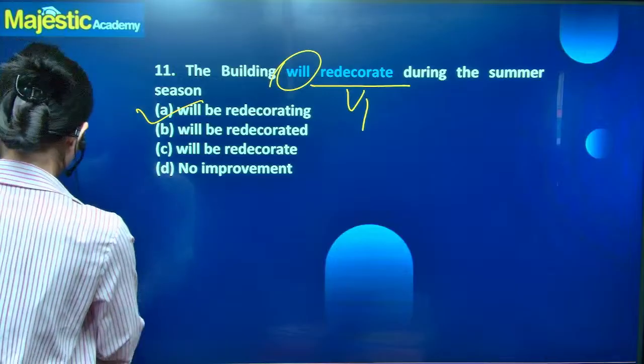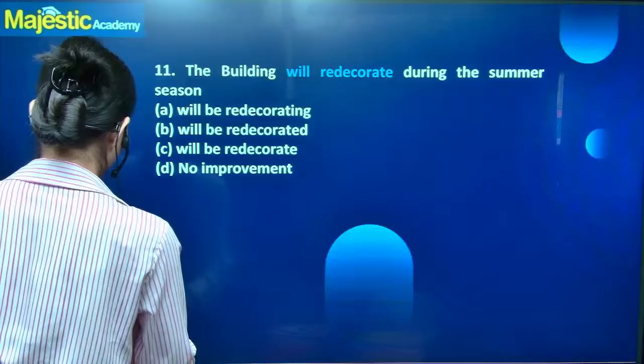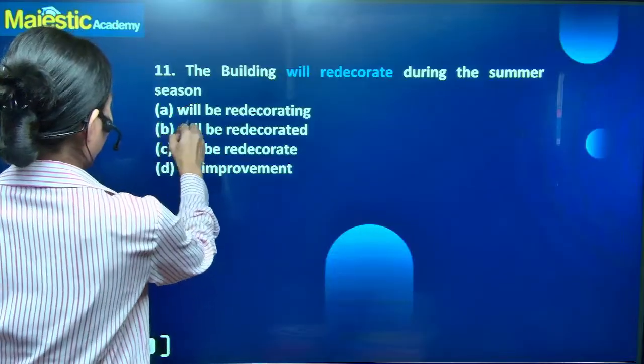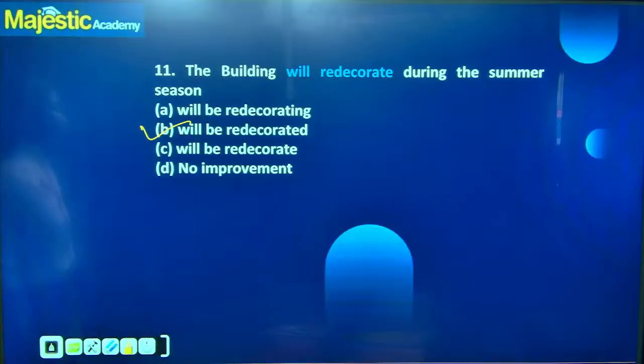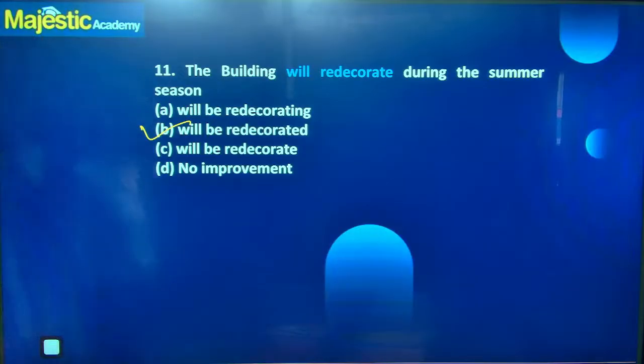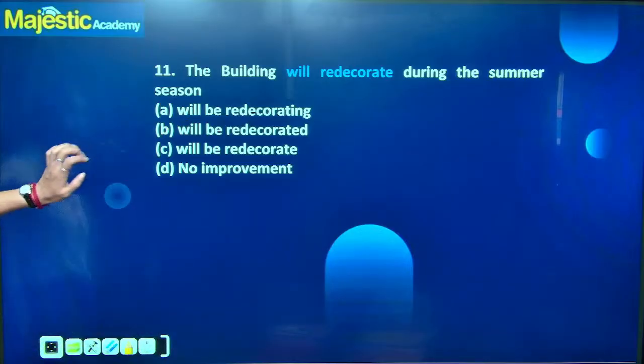No, sorry. Option number B. Okay, not option number A. The building will be redecorated during the summer season. Okay, so option number B should be the answer for question number 11.